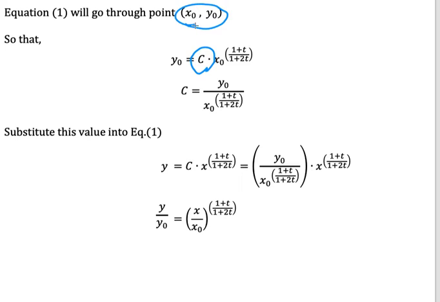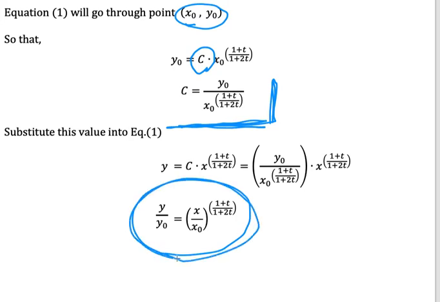Then we substitute the values of x0, y0, and we get that c is equal to y0 over x0 to the power. If you rearrange all of these, you could simplify the equation as y over y0 equals x over x0 with the power of 1 plus t over 1 plus 2t.